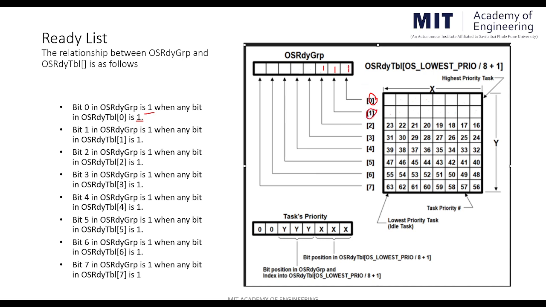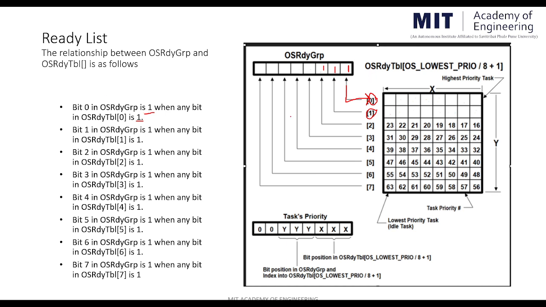If this bit is 1, it indicates that any priority from the 0th group is ready to run. We cannot say whether it is 0 or 7, because this is a group of 8 priorities. So if any one bit from the OSRDY TBL is 1, then out of 8 priorities, any one priority is asking for service.